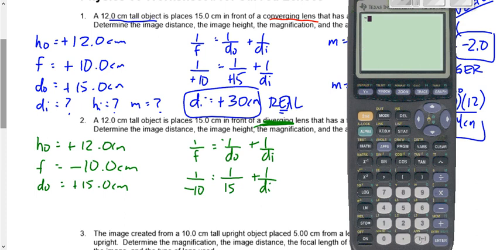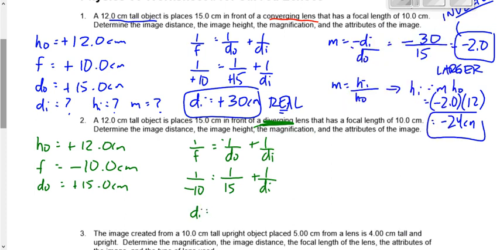Let's say 1 over negative 10, subtract 1 over 15. Let's flip that over, and I get negative 6. I get a negative DI.